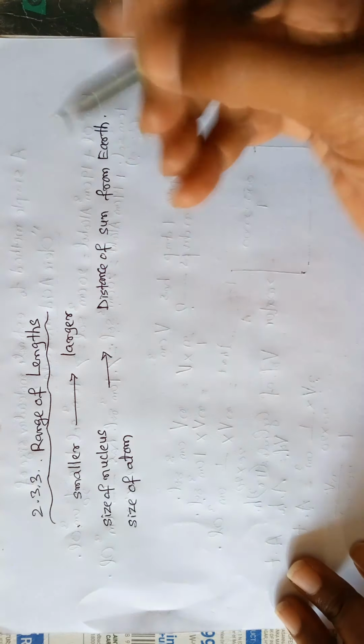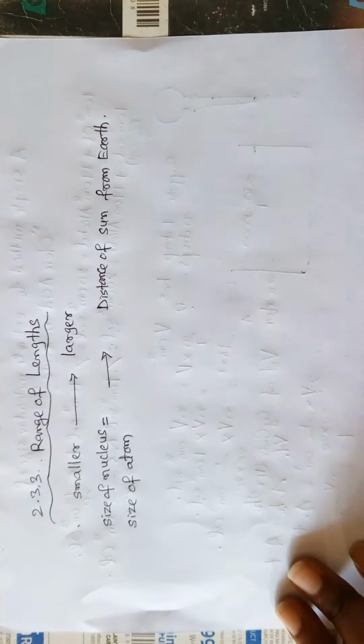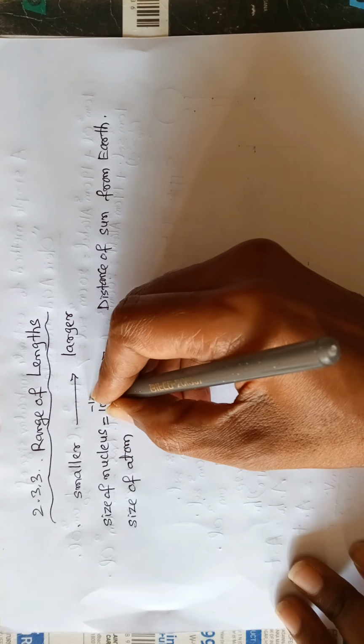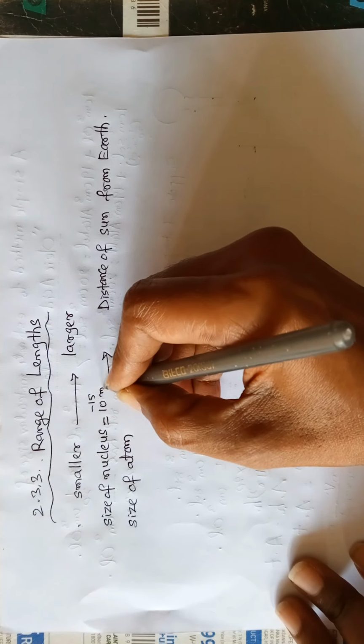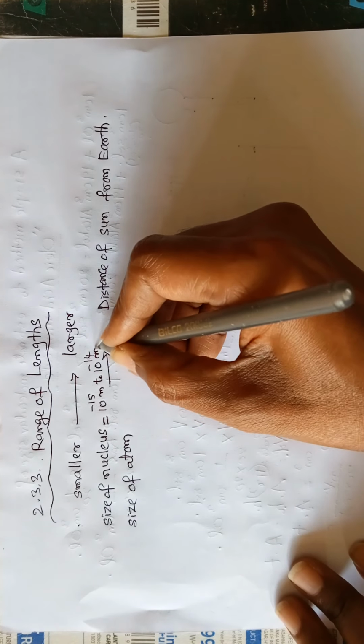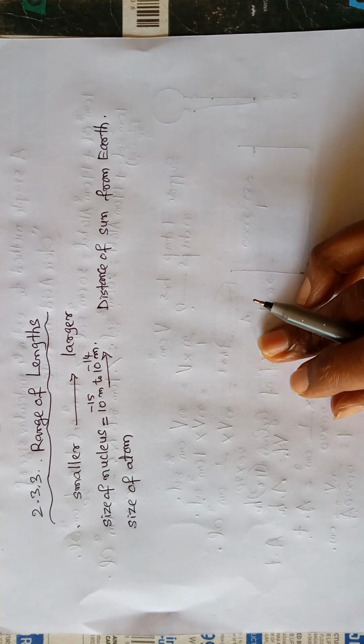Do you know what is the size of nucleus? Size of nucleus is from 10 to the power of minus 15 meter to 10 to the power of minus 14 meter. Its range.